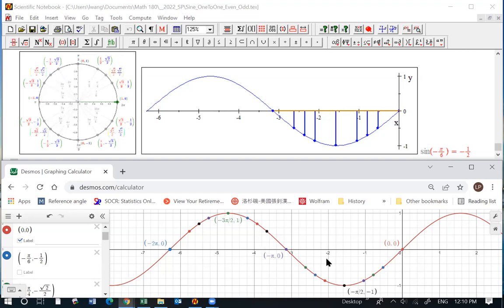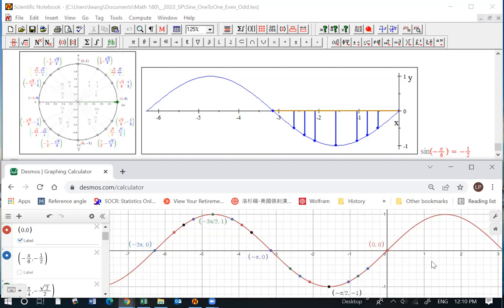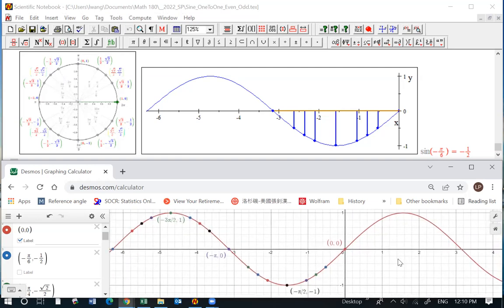And we got this guy here. And what I'm going to do is, remember the horizontal line test? We already mentioned that this is not a one-to-one function, right? This is not a one-to-one function.